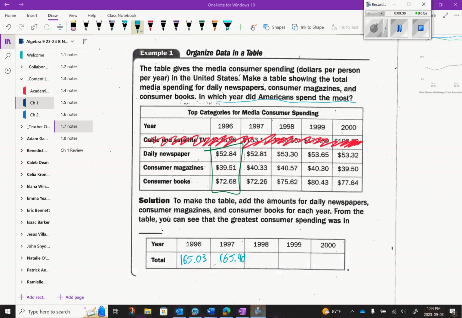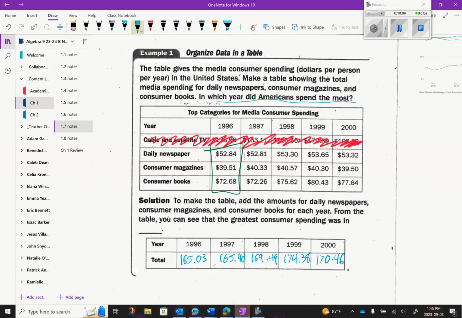For the next year, and the next, and the last column in our data set. So, okay, the fact that it went up from 96 to 97, really not all that surprising.